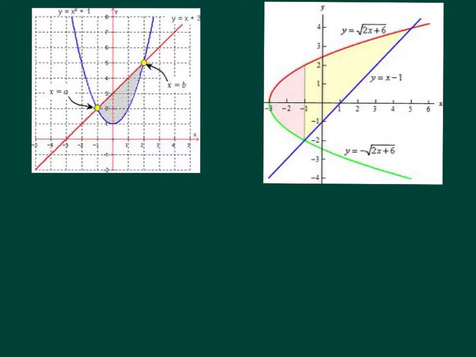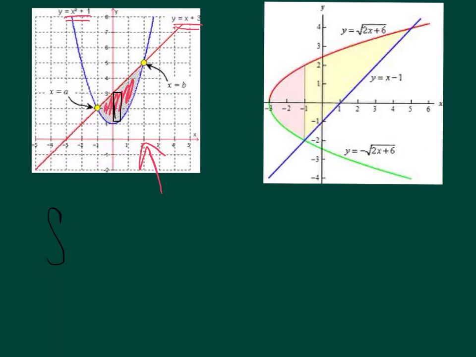Now let's take a minute and look at two different things that can happen with our equations. In the first one, we've got y equals x squared plus 1, and y equals x plus 3. We've sketched those graphs, and we're trying to find this enclosed area. So you might want to draw a representative rectangle, just one rectangle, and it would look something like that. Then to find the area, I would do the integral.